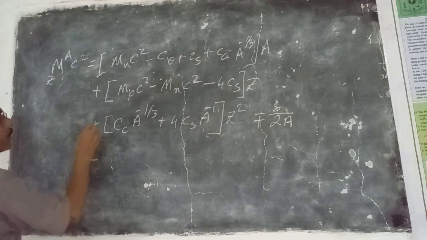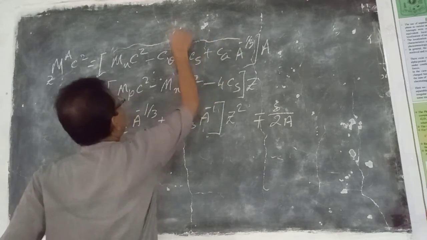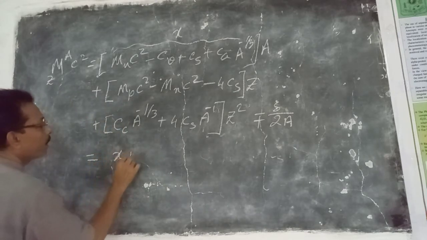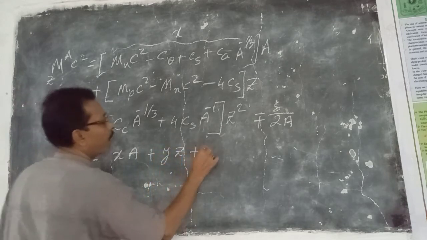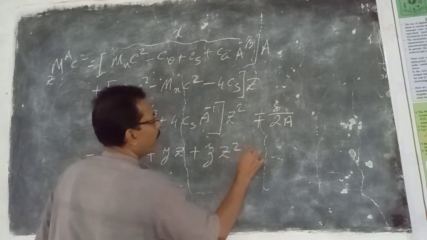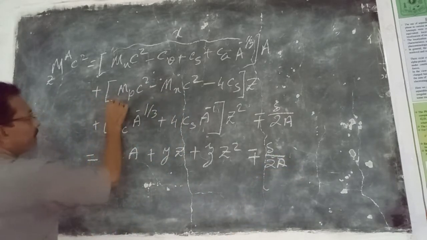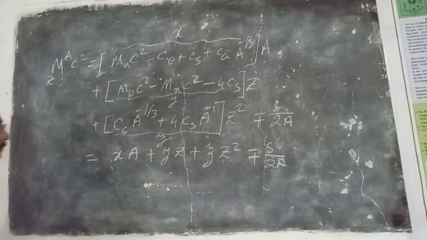That is, if we say this is x, this is y, this is small z, then we write it as x into A plus y Z plus z Z square minus, plus delta by twice A. So we get the equation of a general parabola.